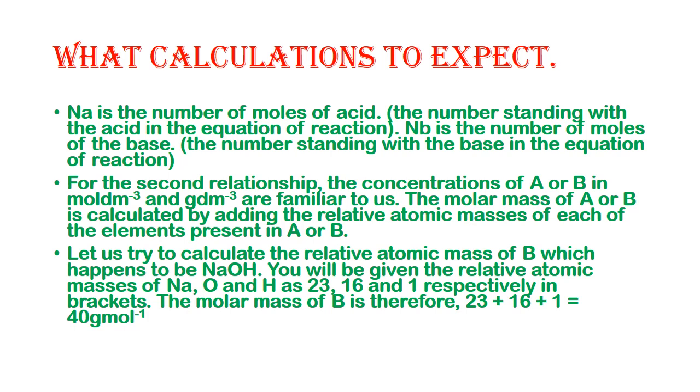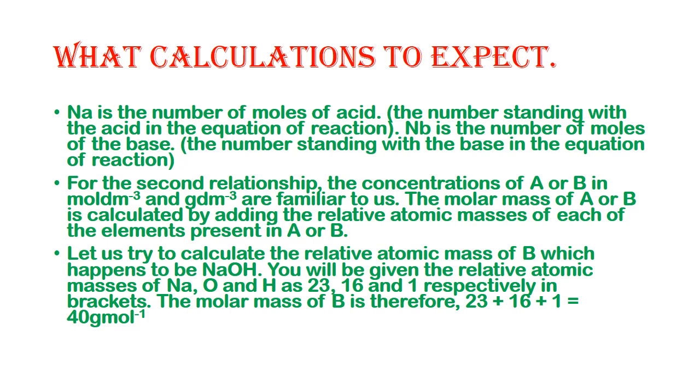Let us try to calculate the molar mass of B. For this WAEC, B is sodium hydroxide. You add the relative atomic masses of sodium, oxygen, and hydrogen, which make up the chemical formula of sodium hydroxide. Don't worry, you'll be given the relative atomic masses of each of them in brackets.